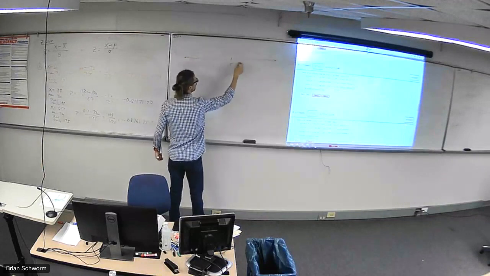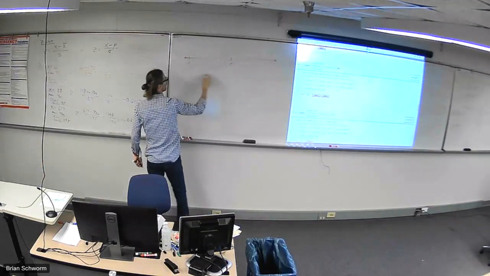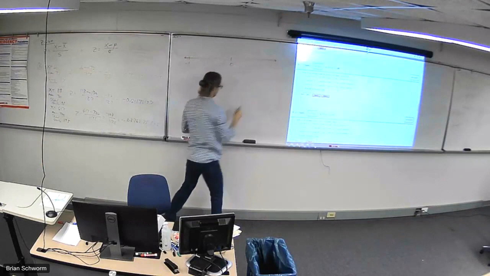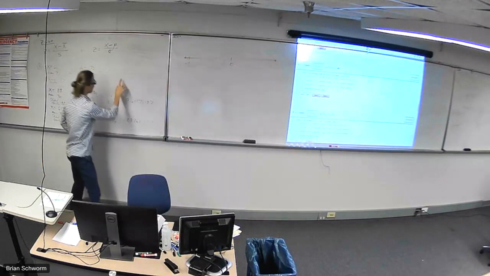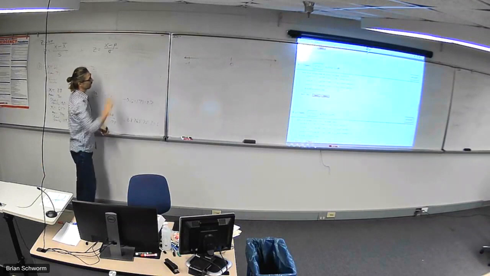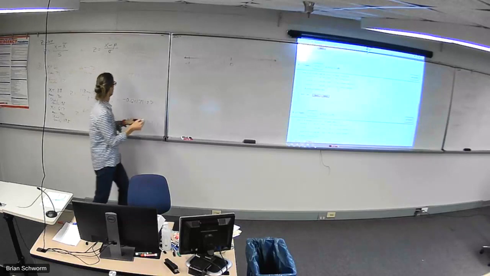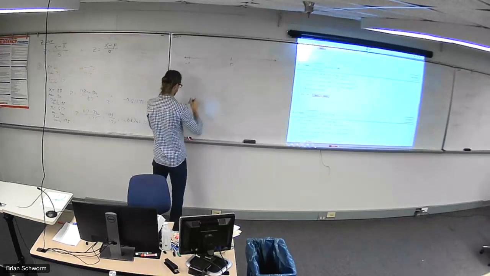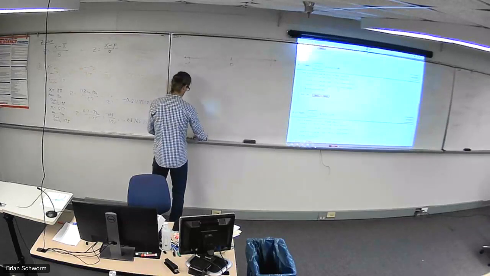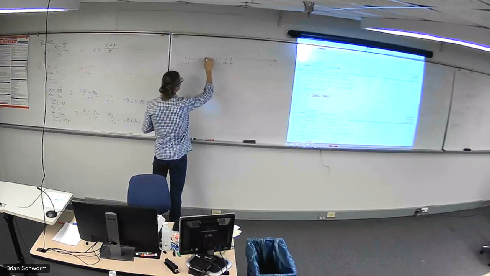I've got 0 here, let's say, and negative 1 out here. I'll break this into tenths: negative 0.1, 0.2, up through 0.7, 0.8.